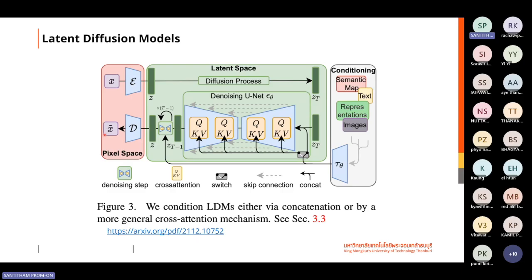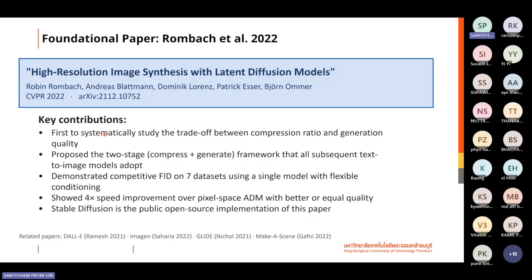This is the concept. It's similar to the diffusion model we learned earlier last time. This is a paper from Rombach at CVPR 2022. If you are interested, you can just go and download it. If the transformer is one of the revolutionary ones, this one would be the starting point of today's image generation.